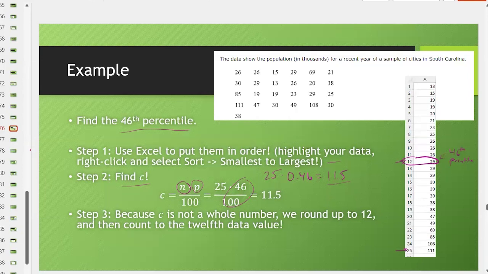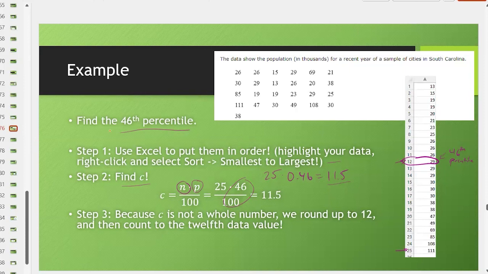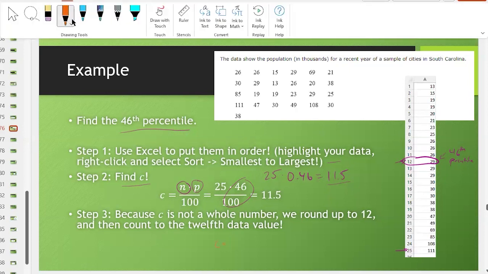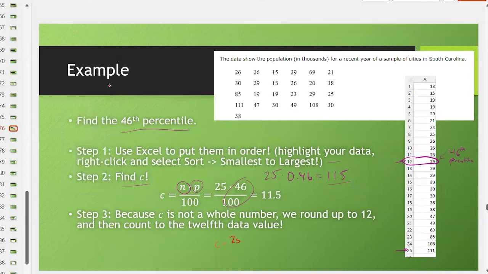Let's say we want to find the 85th percentile. There are 25 data points.